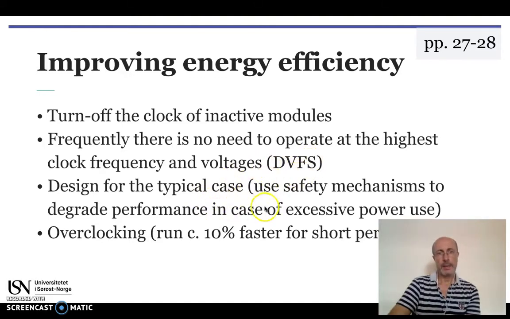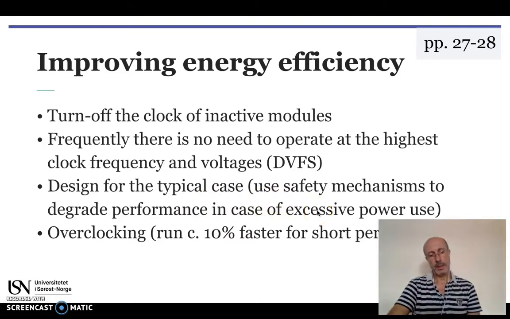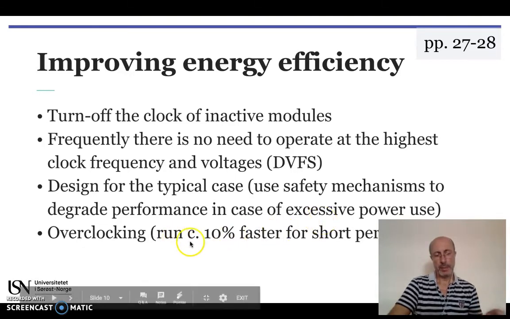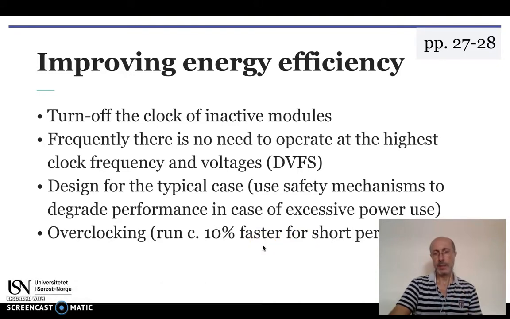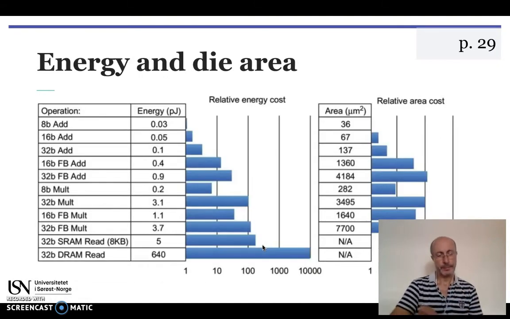And a third technique assumes that devices will not always operate under worst-case conditions, and so we can rely on emergency shutdown features to prevent problems. And finally, microprocessors now commonly support an overclocking mode that increases the clock by about 10% during certain periods.